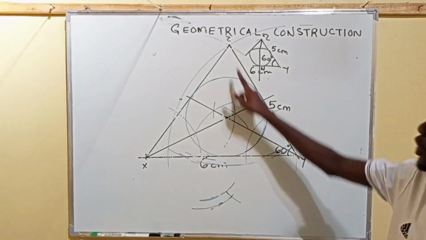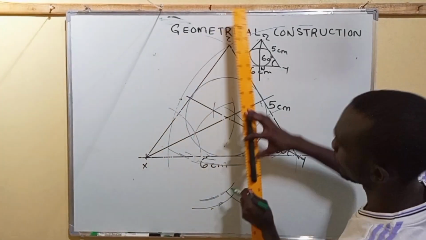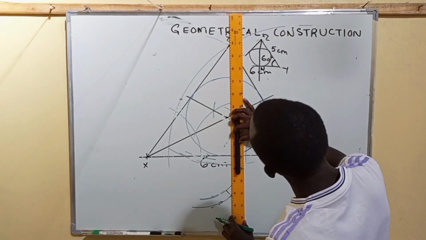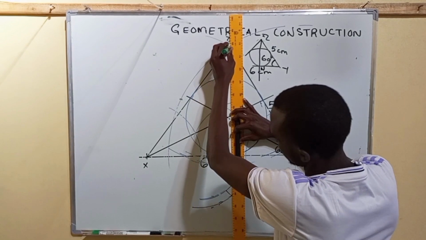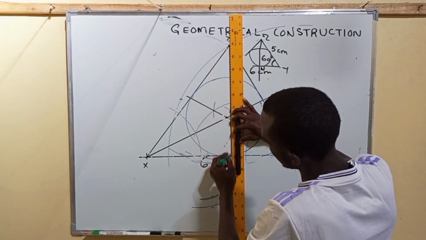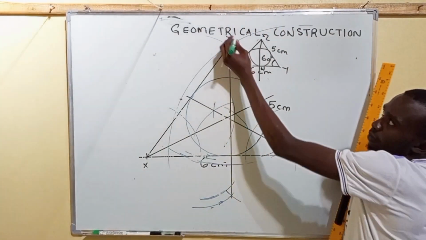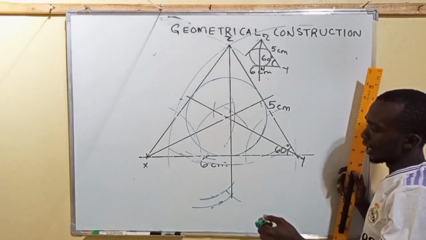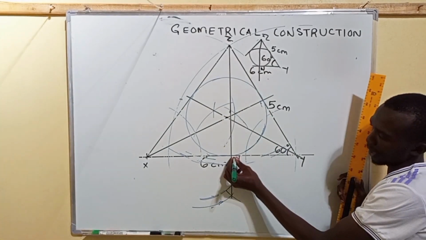I join it to Z. So this is the perpendicular dropped from Z. Then we are to meet line XY at this point N. So this is our point N.